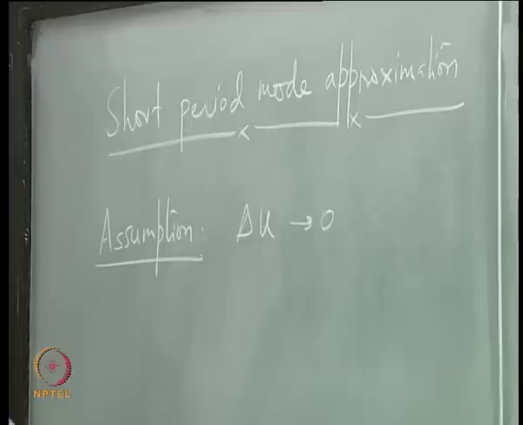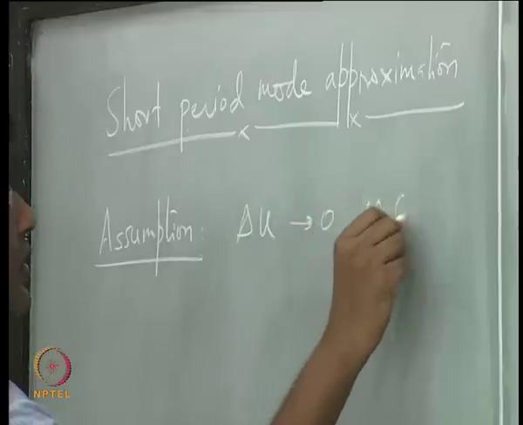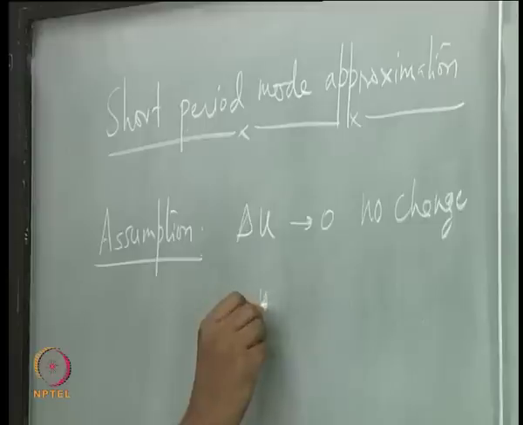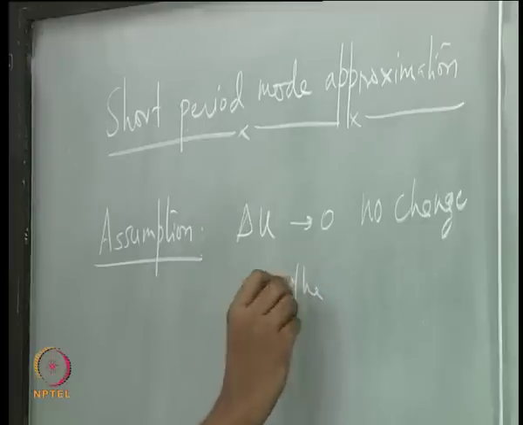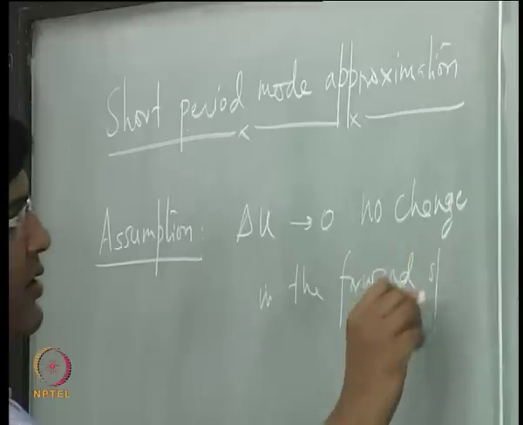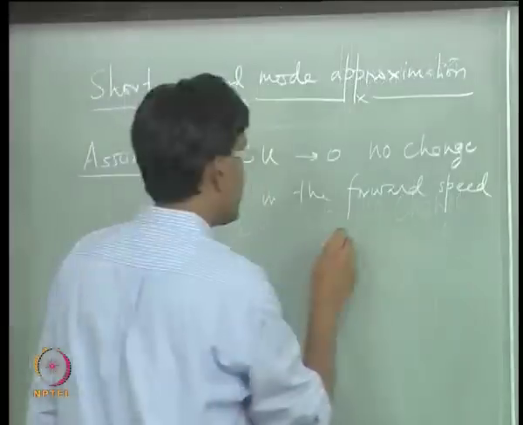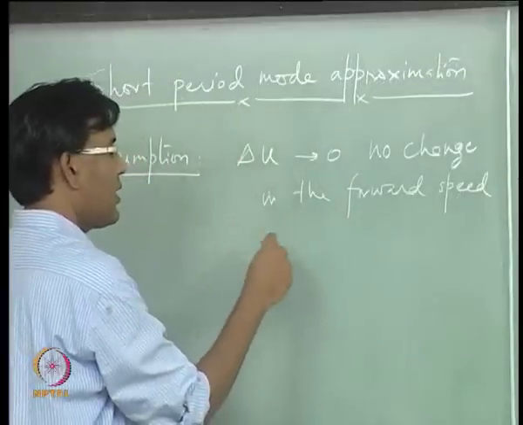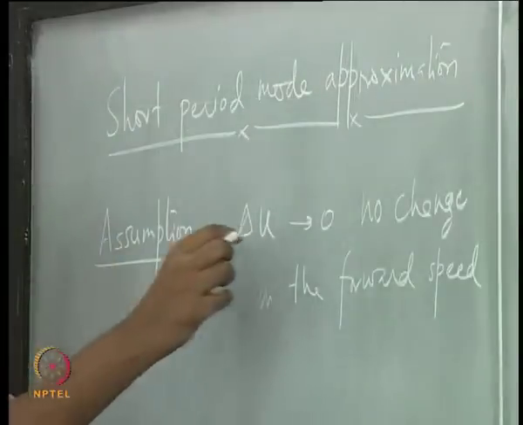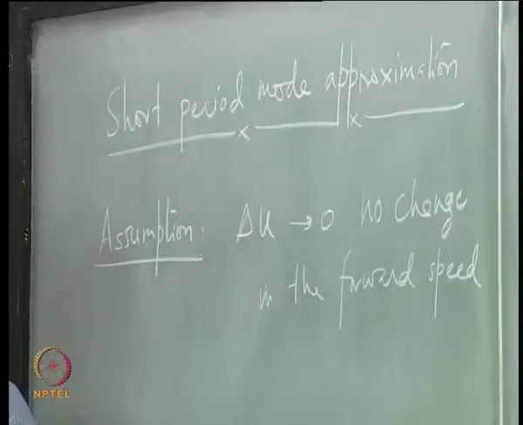When we do that, there is no change in the forward speed from the equilibrium state. This delta u is from the equilibrium state, isn't it?